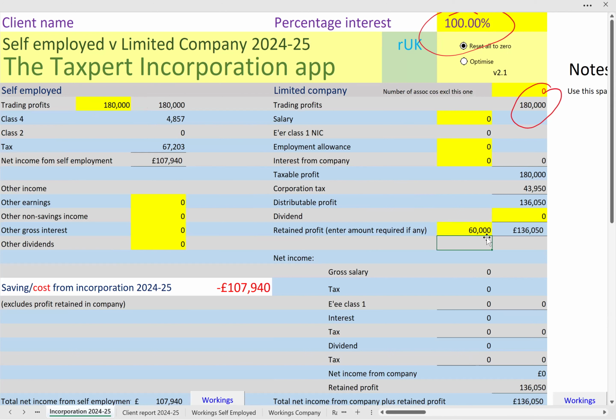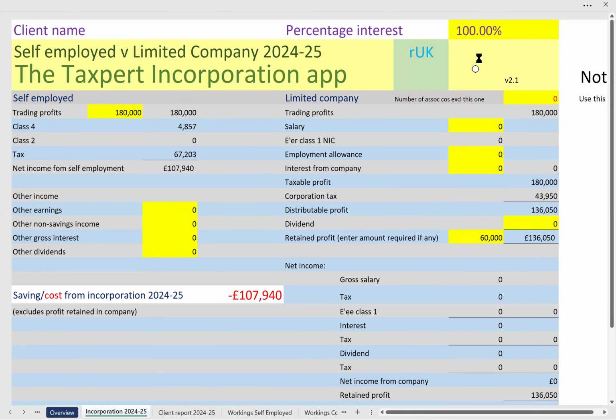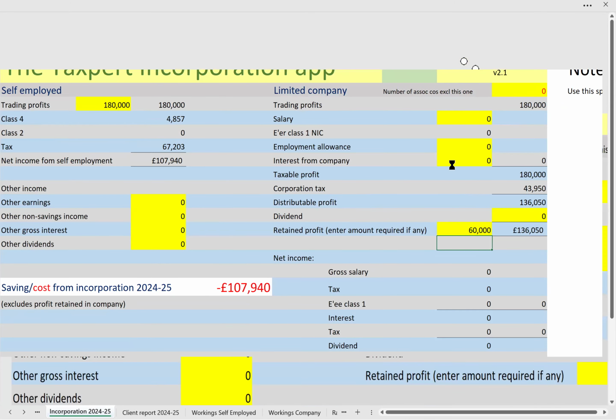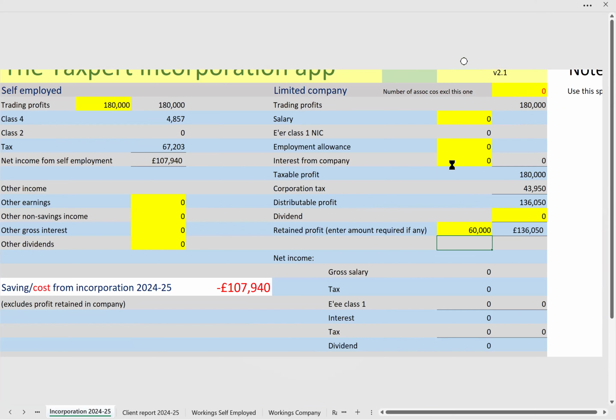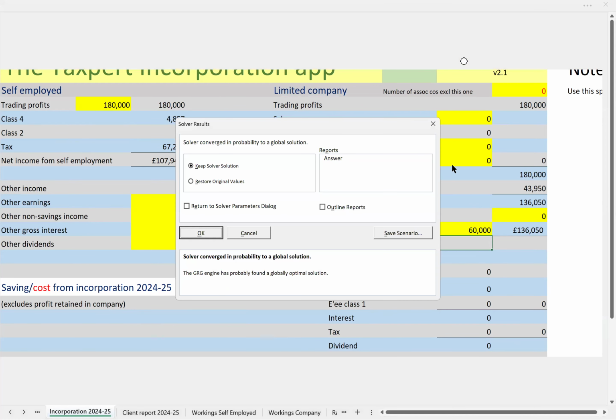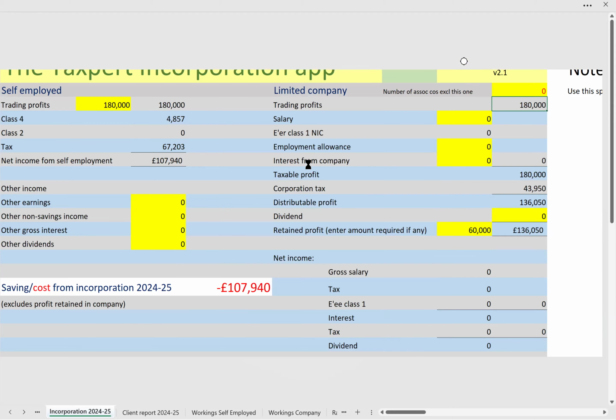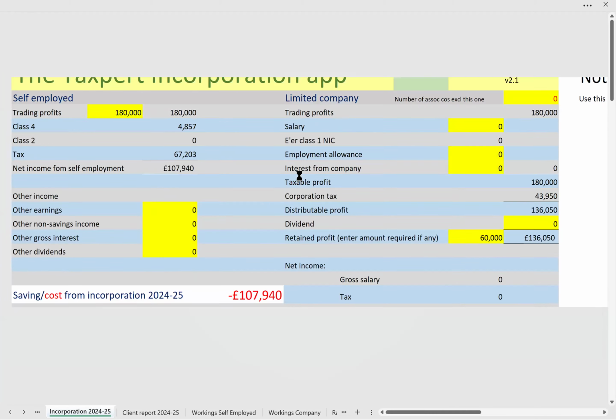And so I enter the retained profit required, and then when I optimize, it's going to work out the optimum combination of salary and dividend, given that after that dividend, I want to be left with retained profit of 60,000.